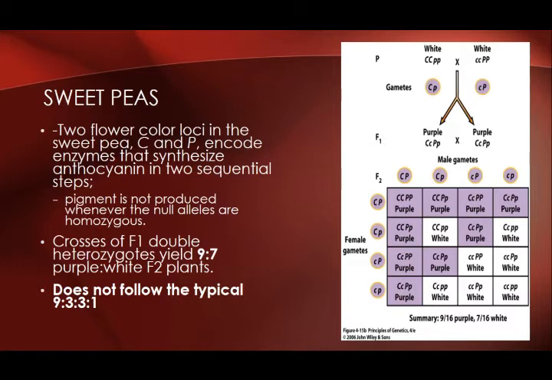So now, when we cross them all together in this Punnett square, you can see that the ones that have big C and big P, both of them dominant, become purple. If they have one recessive allele, they will be white. So both of them must be dominant for it to become purple. So you get 9 to 7. 9 purple, 7 white.